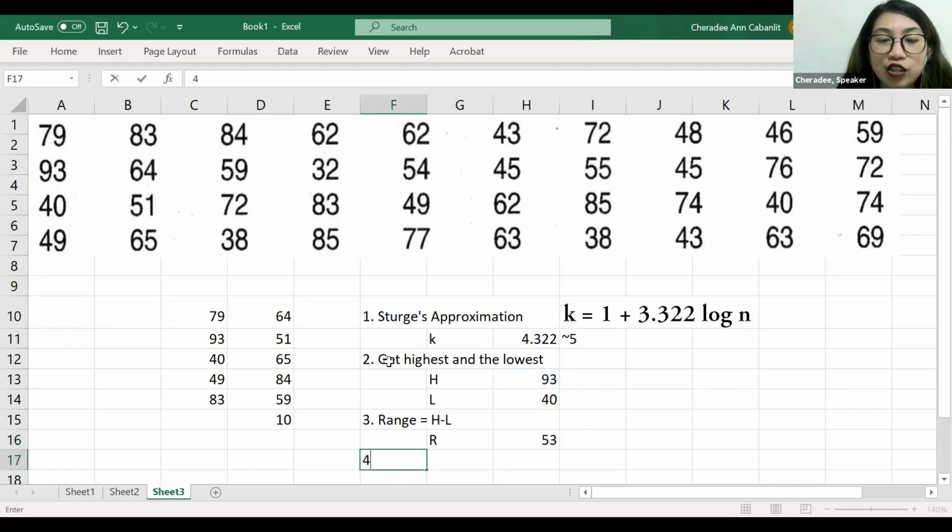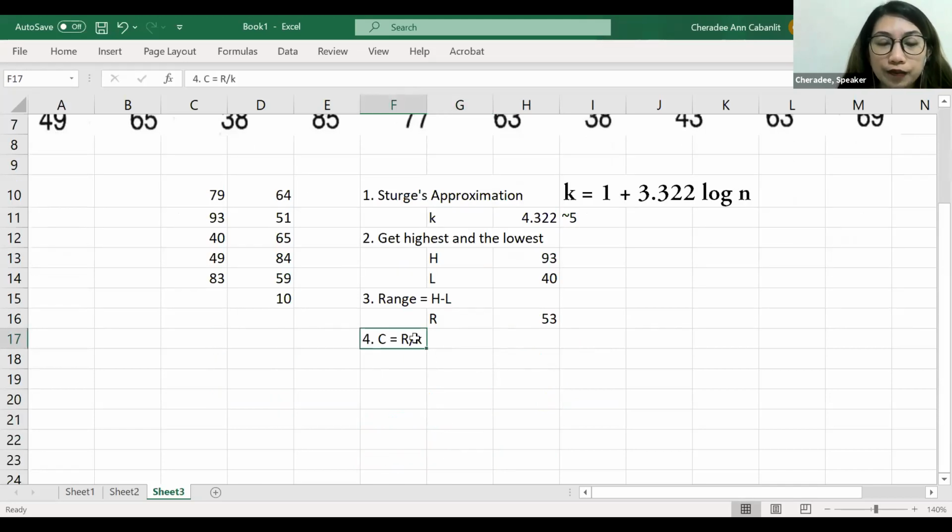Next, compute for your class interval. The K there represents your class number.